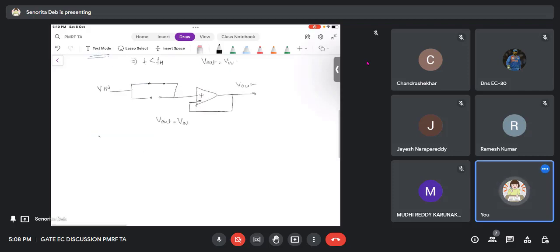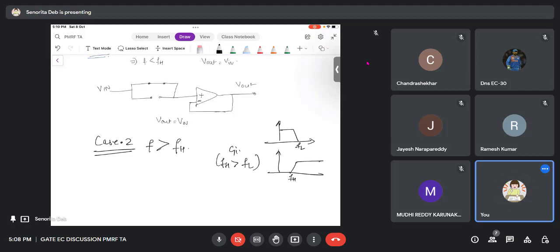Now let me take case 2. Let me take F greater than FH. The characteristic was like this, FH, FL. If F is greater than FH, it means it is greater than FL, because it is given that FH is greater than FL.